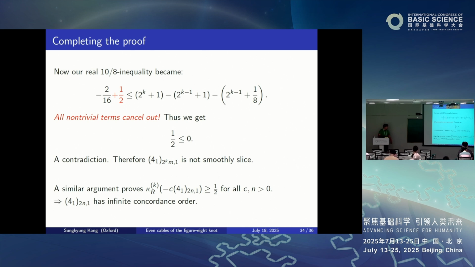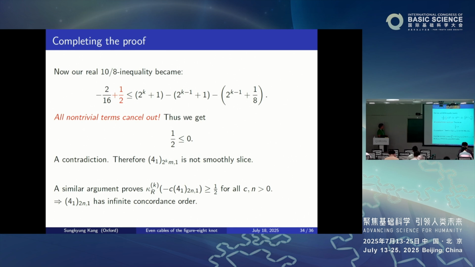Actually, you can do more. You can flip the concordance that we used, the C_n, and take their connected sum to get a concordance between the k-fold connected sum of the branched covers of cables of figure eight and the connected sums of torus knots.